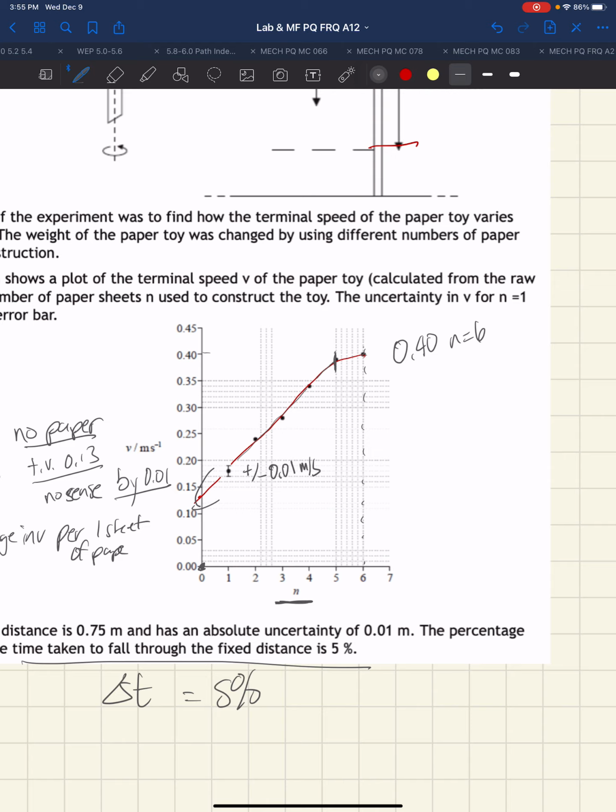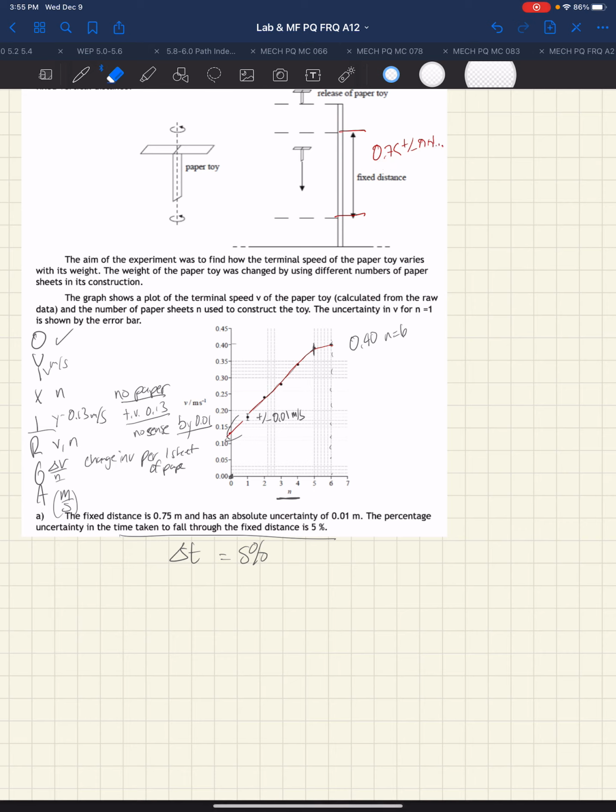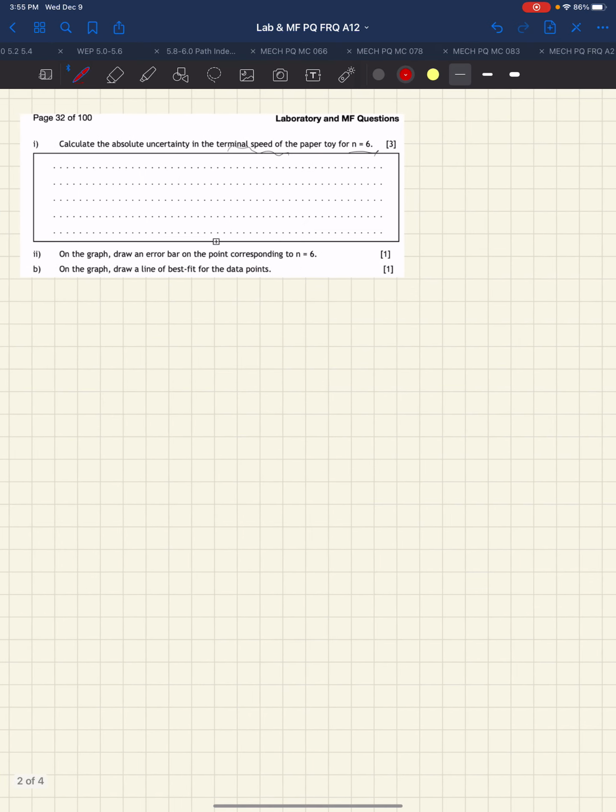Now, there's a fixed uncertainty with the distance, the vertical distance, but it's a percentage on the time. If the velocity is the distance, delta z over delta t, and the distance uncertainty is fixed at plus or minus 0.01, and the time uncertainty is a percent, that means the uncertainty in the velocity is also going to change. To keep track of all of this, there's a number of quantities, and it's easy to get lost in them.